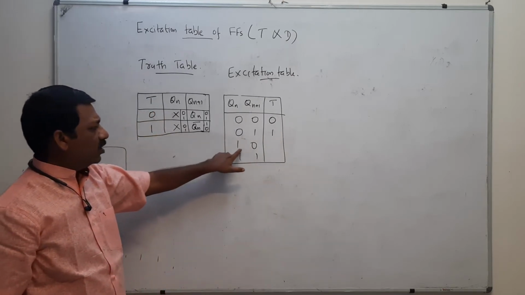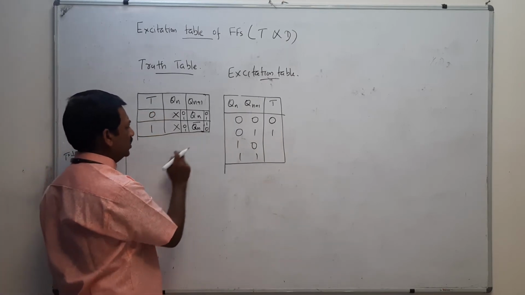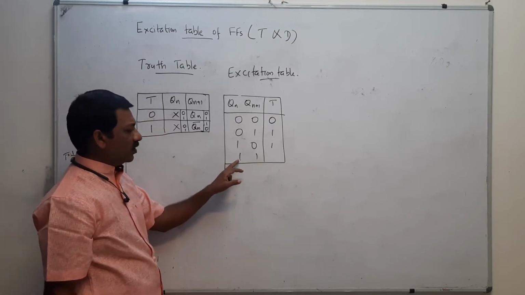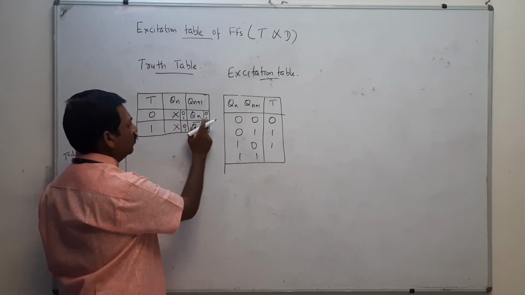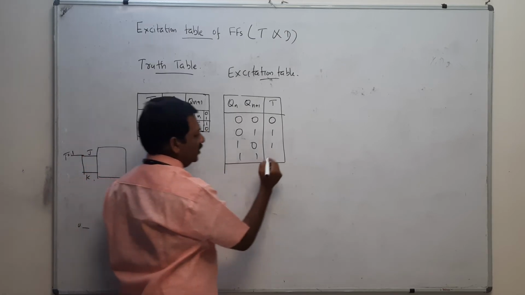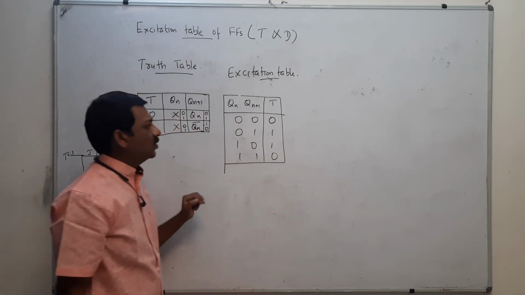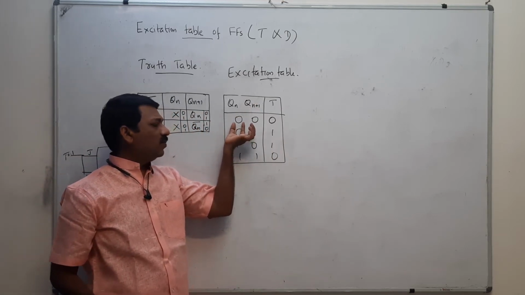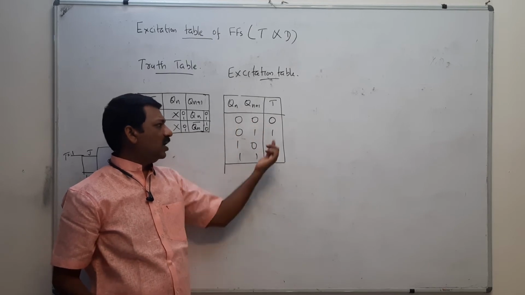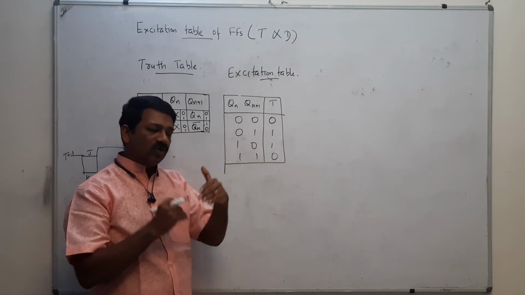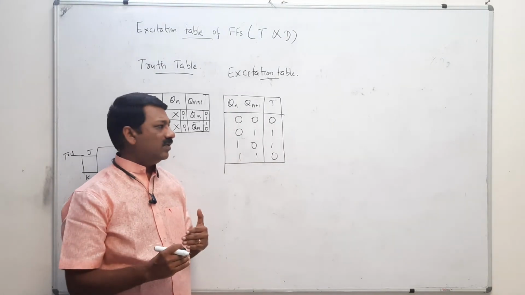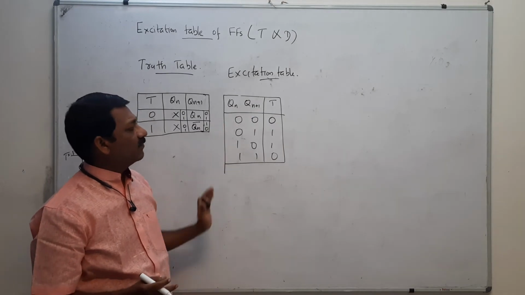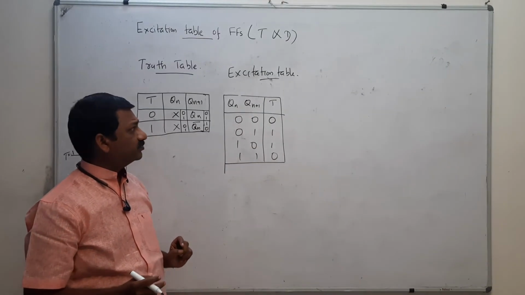For a 1 to 0 change, you need T equal to 1. And for 1 to 1, the value of T is 0. That means if the previous value and the current value are the same, you should have T equal to 0, and if you want to change that value, you should have T equal to 1. So this is the excitation table for the T flip-flop.